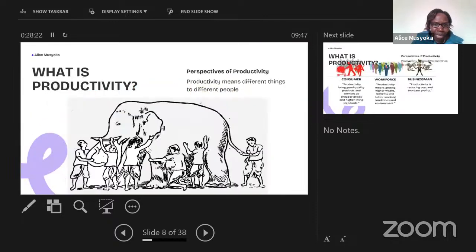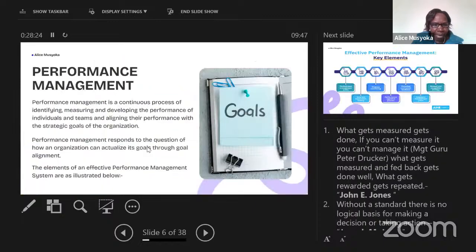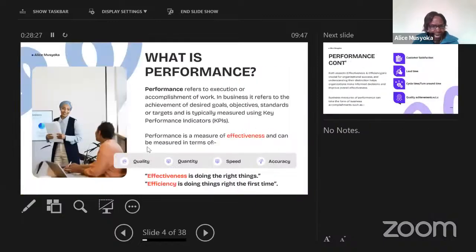So I want to take us back to where we were talking about efficiency. We said effectiveness is measured in terms of quality, quantity, speed, and accuracy. Mainly, that is how effectiveness is measured, and that's how we measure our performance.